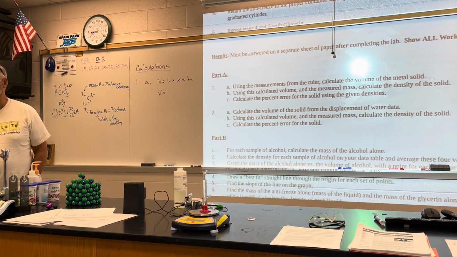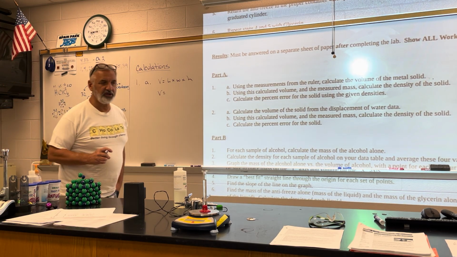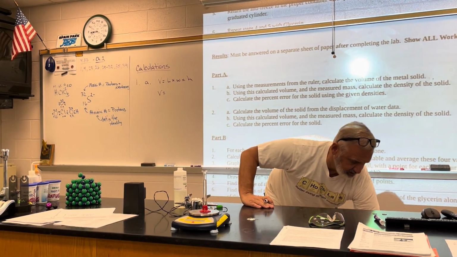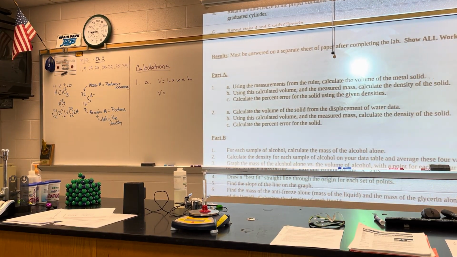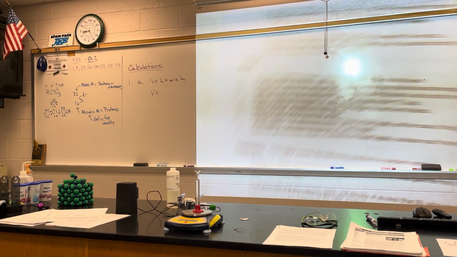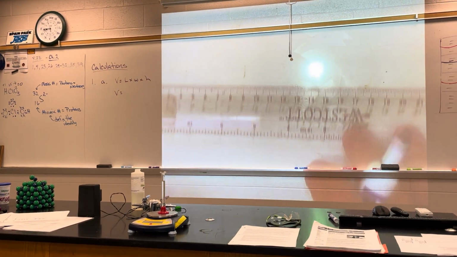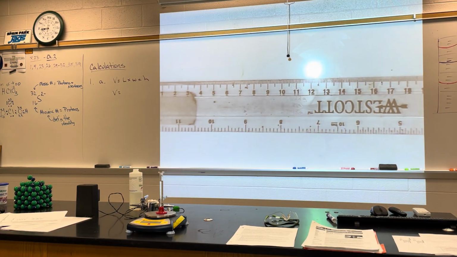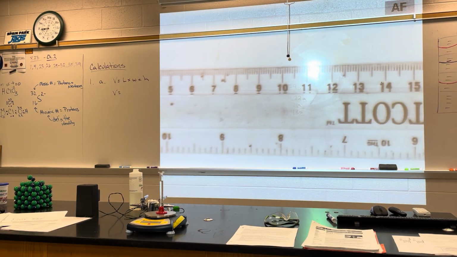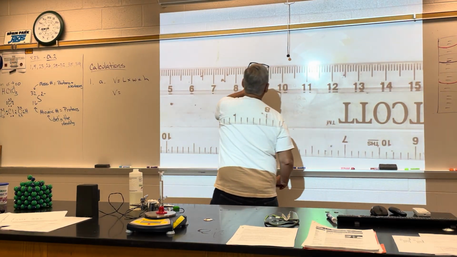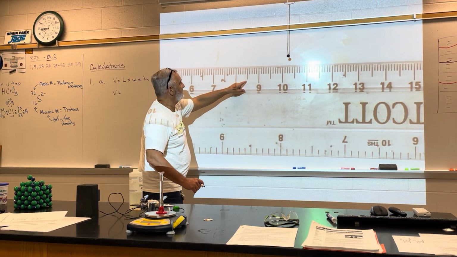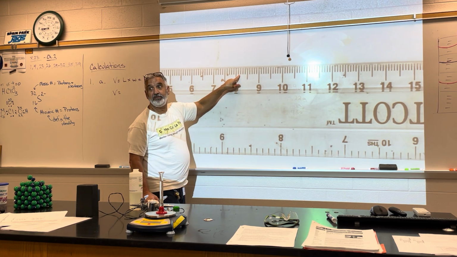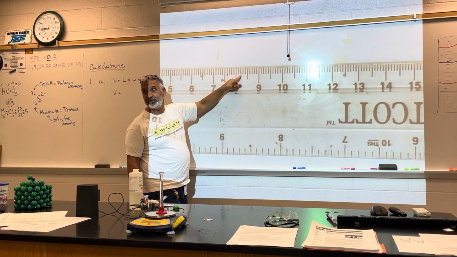Okay? 2, right? Because on our ruler, each line represented how much? 0.1. 0.1, so we measured to the hundredths.